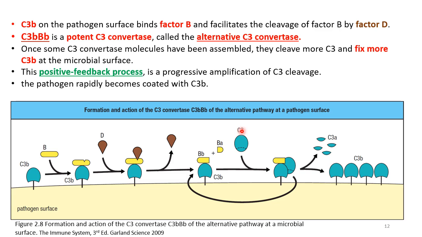Now this guy here is active. That guy over there is C3 convertase. Okay, C3 convertase is there and is active. Now this guy here is an enzyme. If you have more C3 floating around, when it gets here, the C3 is going to be cut by the convertase.